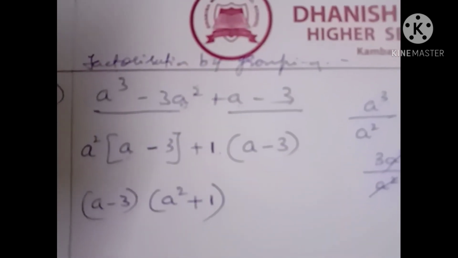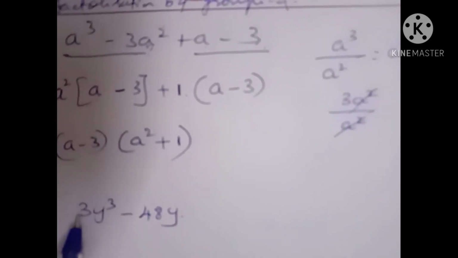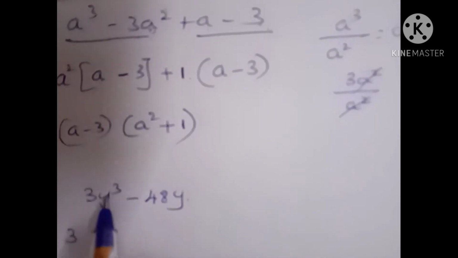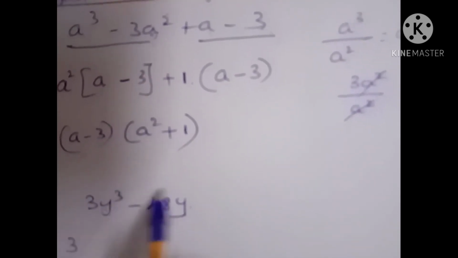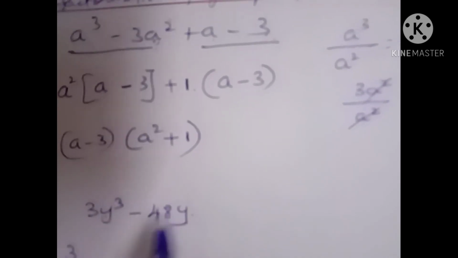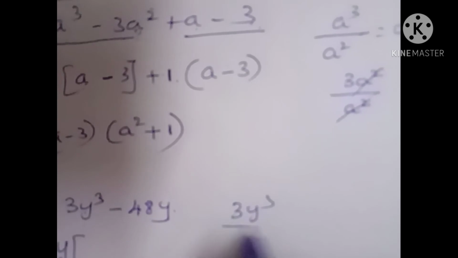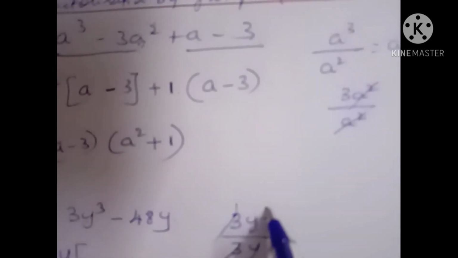Question: 3y cube minus 48y. Here 3 and 48 are divisible by 3. So 3 is common, and in the variable, y is present in both terms. So you have to see the power. The least power is y. So take y as a common factor. Then 3y cube divided by 3y is 3 and 3 one time, and y to the power 3 minus 1 is 2.